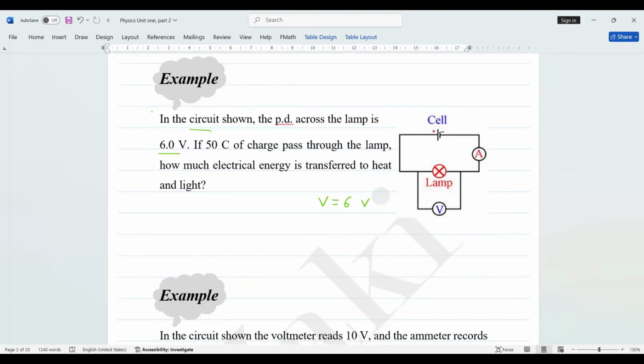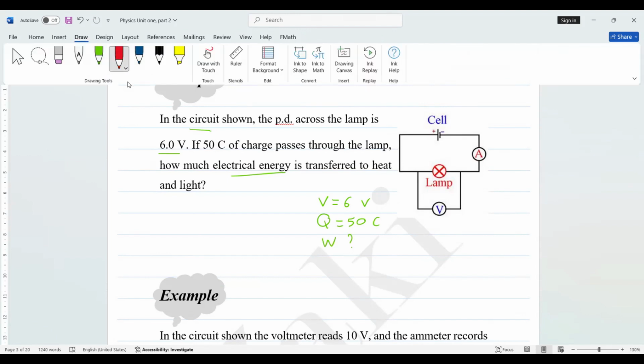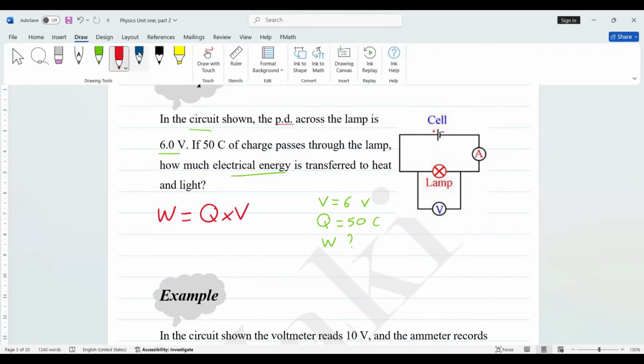If 50 coulomb of charge passes through the lamp, how much electrical energy is transferred to heat and light? So we have also given Q equals 50 coulomb. We need W. Which formula do we use? W equals Q multiply V. Now we can solve this.